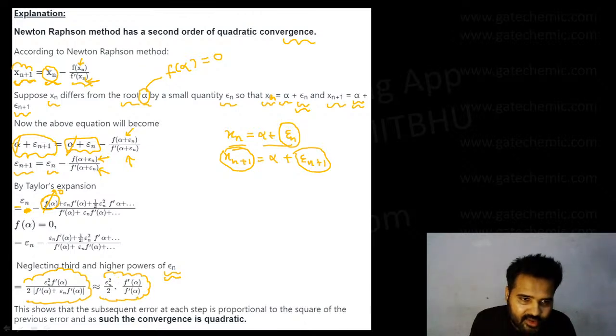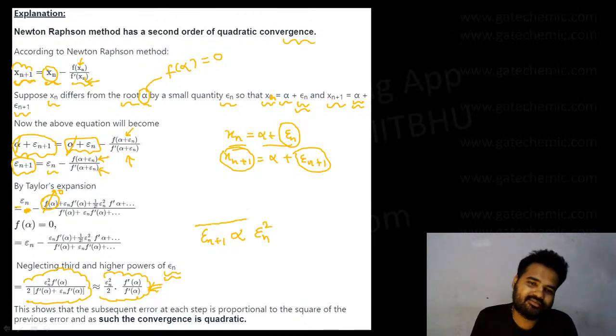Now you can see this whole equals what? Epsilon n plus 1 becomes approximately equal to this one. Or you can say that epsilon n plus 1 is proportional to epsilon n square. This is the meaning of quadratic.